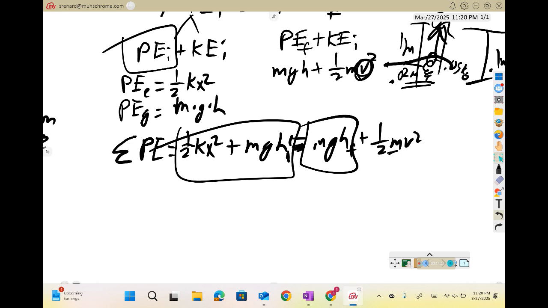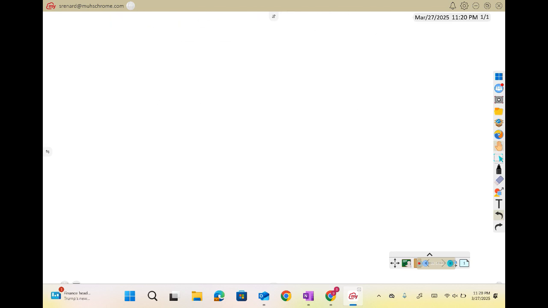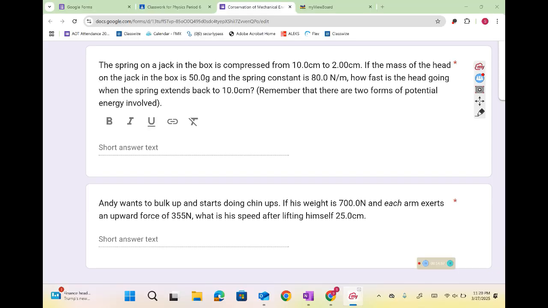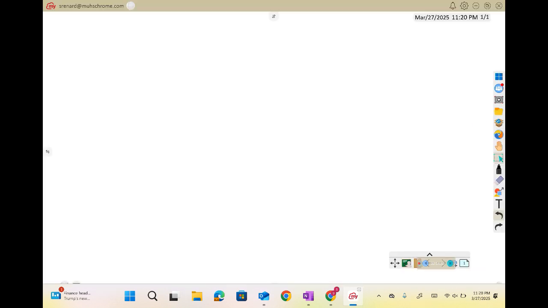So the last problem that we're looking at is really a hybrid problem. It requires a little bit of a throwback to the work-kinetic energy theorem, right? So we've got doing chin-ups. We have one arm here, so what we can really look at is an arm.